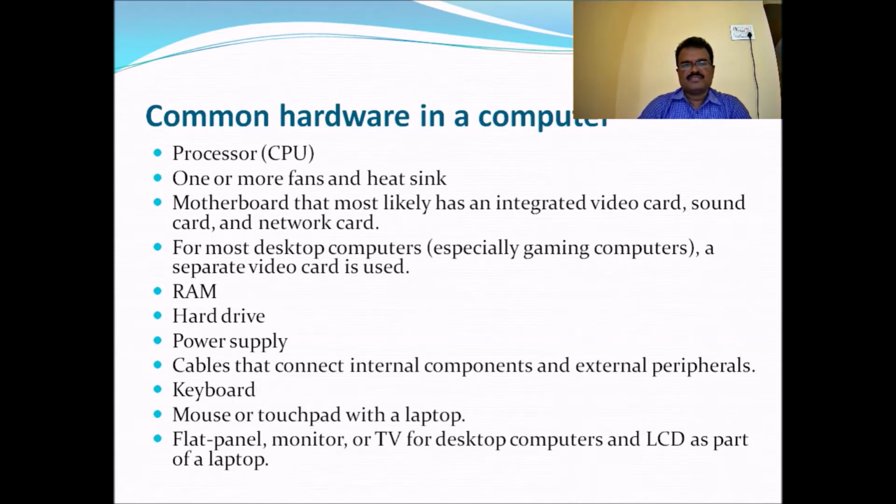Next common hardware is random access memory, hard disk drive, power supply, and cables that connect internal components and external peripherals. Then keyboard, mouse or touchpad with a laptop, flat panel monitor or TV for desktop computers, and LCD as part of a laptop. Nowadays LED is coming. So these are all common hardware that can be found in a computer.